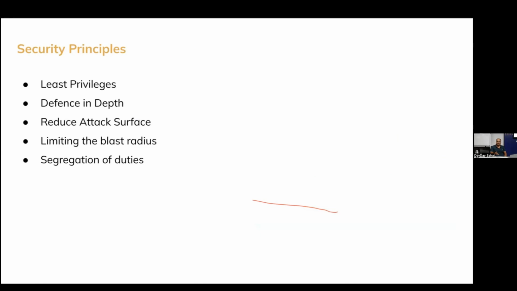Defense in depth: you have defense in multiple layers, so even if one fails, you'll be able to limit the vulnerability or exposure to that section itself, and the other layers will be able to save you. Then reducing the attack surface: if you have too many things running or a complex system, you are opening yourself to a larger attack ecosystem.